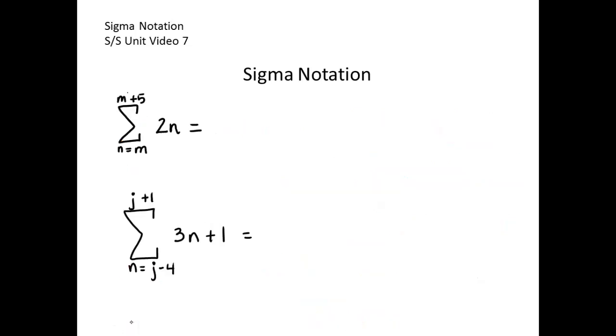Let's continue. This next one is a different way of doing this, but it really is the same idea. I'm going to start at m, and then go to m plus 5. On the top of my screen, I'm going to write down what that means. In order, I would have m plus 1, m plus 2, m plus 3, m plus 4, and m plus 5.